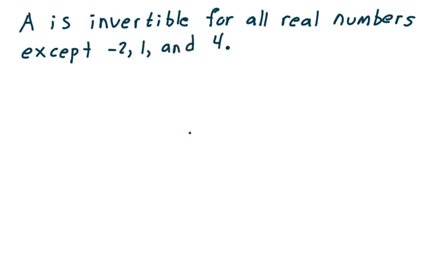You're done. So, in other words, for all real numbers x, so look, we're finding all values of x for which A is invertible. And for all numbers except negative 2, 1, and 4, A will be an invertible matrix.